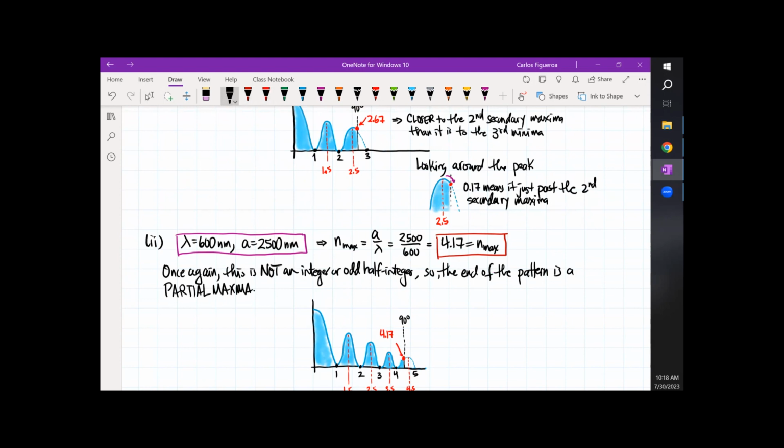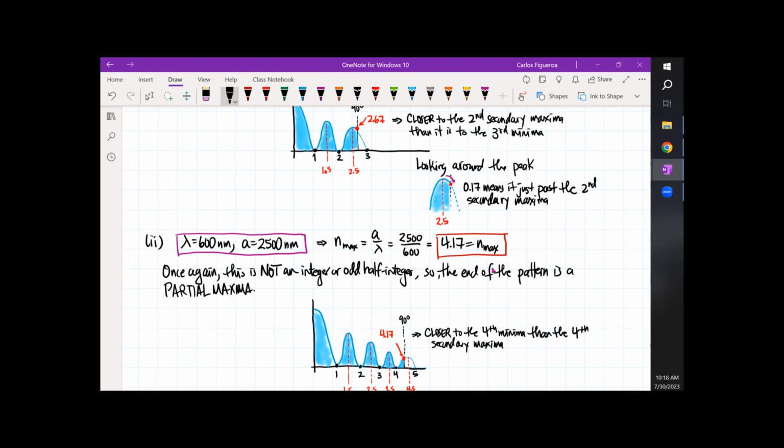This tells me that this is closer to the fourth minima than the fourth secondary maxima.